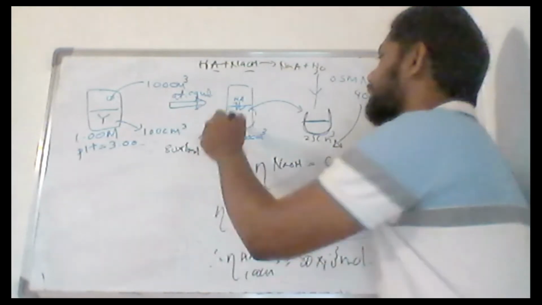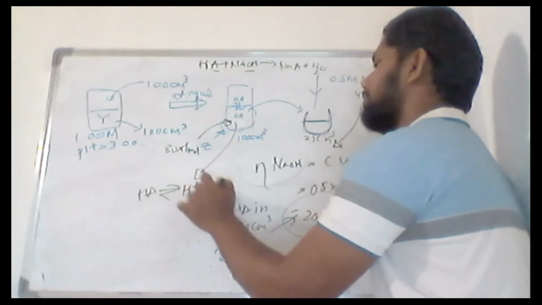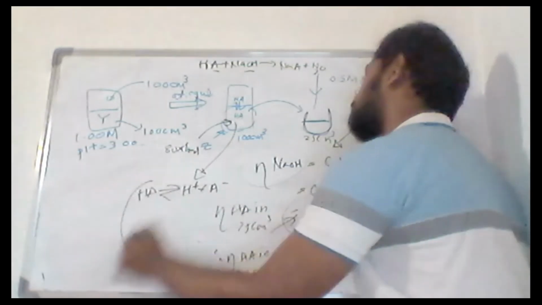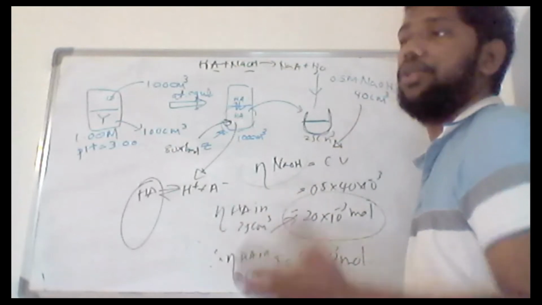So now you know HA. Again here in solution Z, there will be HA that is undergoing dissociation to H plus and A minus. So you know the amount of HA that is present. This will be the initial amount, the total amount of HA.